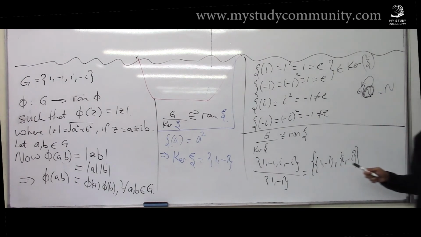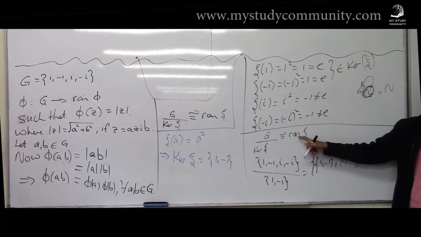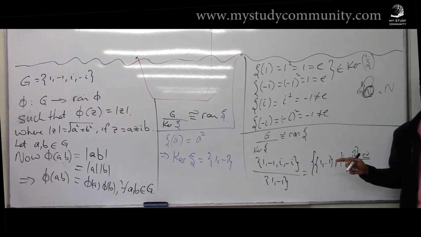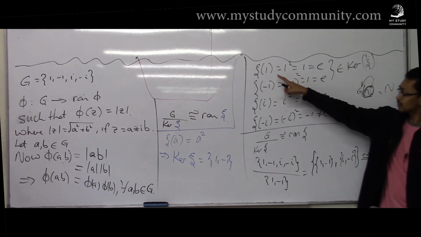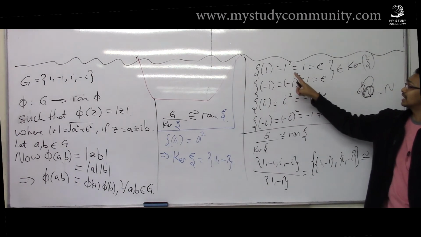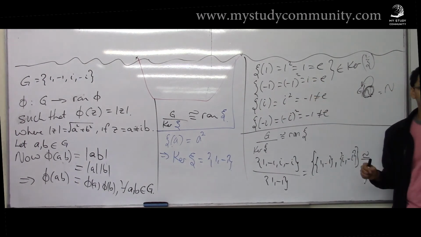And this is isomorphic to the range. The range would be all the elements that are mapped onto, yes? What would be the range? Well, in this case, we actually did it, right? These are all my elements, and they are mapped onto 1, 1, minus 1, and minus 1. So it just mapped onto 1 and just mapped onto minus 1.